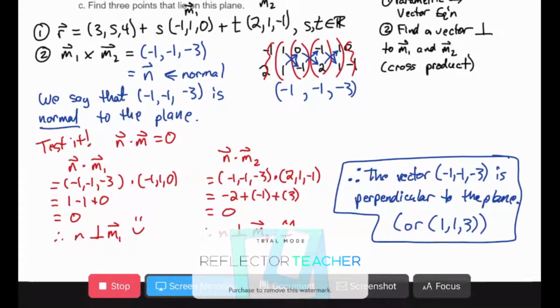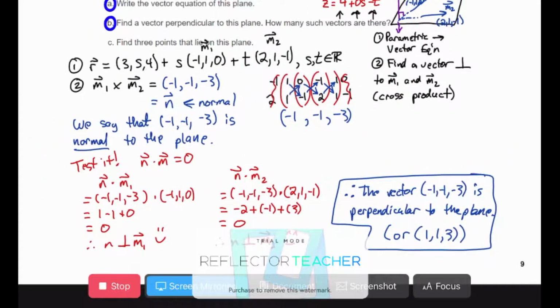Once again, let's zoom out. Let's get a view of the whole problem. And let's see if I missed any steps here. I did the parametric to vector equation. I found a vector that was perpendicular using the cross product. And I forgot to write down that we also tested. So step 3, which technically you don't need to do, but I do recommend, was test: use dot product to show that n is perpendicular to direction vectors.